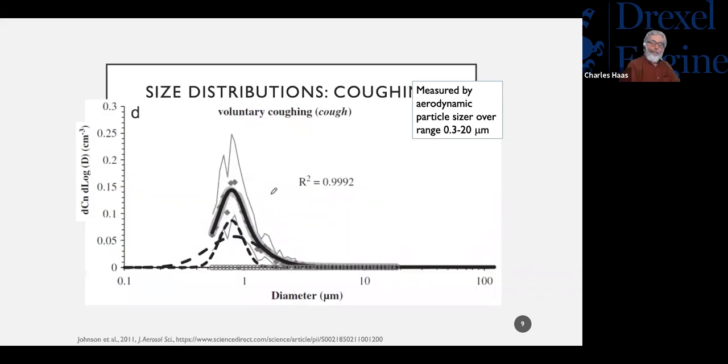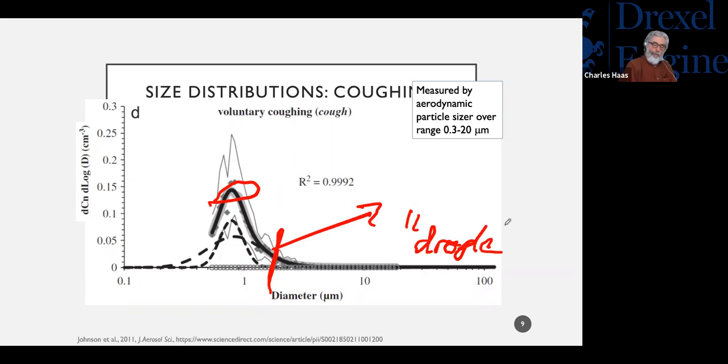Coughing, perhaps somewhat smaller. But remember, if we say 5 microns is the so-called droplet value, in all of these curves, we have very, very few relatively particles being generated in that large fraction.